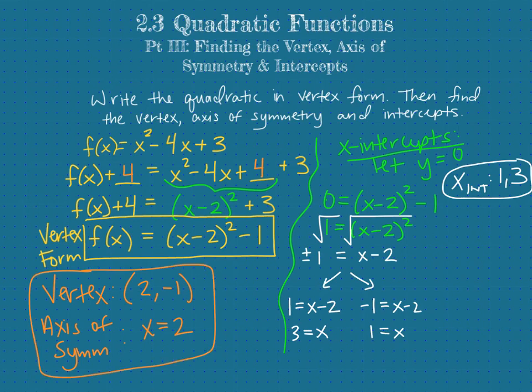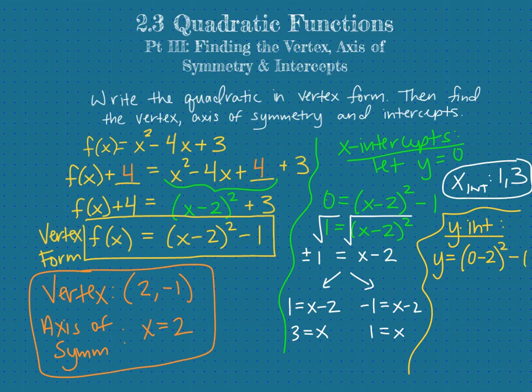In order to find our y-intercept, we let x be 0. So instead of writing f of x, I'm just going to write y, and we're going to let x be 0. So we'll have 0 minus 2 quantity squared minus 1. So we'll have negative 2 squared minus 1.